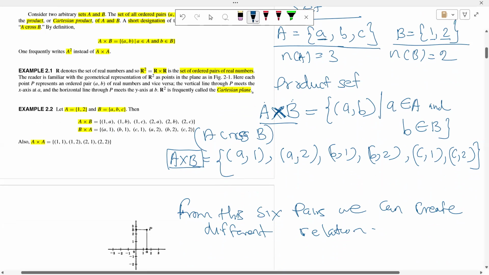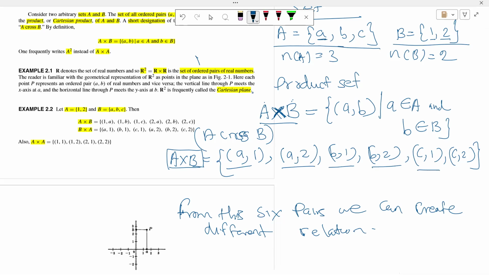So the definition says, for the relation, you have sets A and B, right? From these sets A and B, you can create a relation by extracting some ordered pairs from A cross B, right? So you have two sets A and B, and you can find out A cross B. A cross B has n number of elements, here 6 pairs.